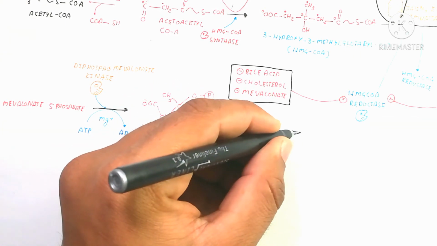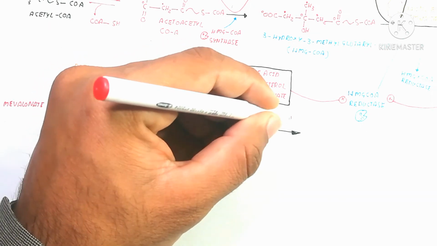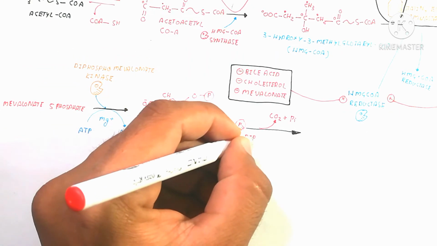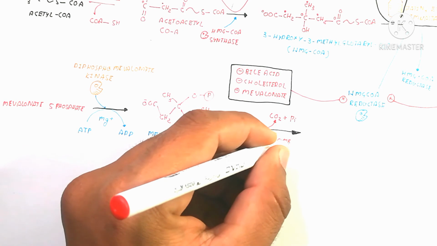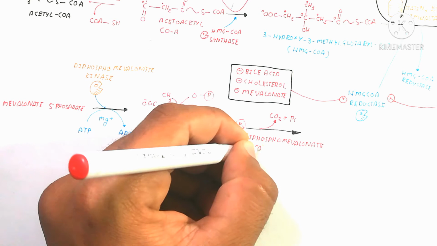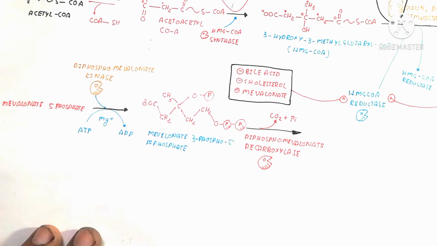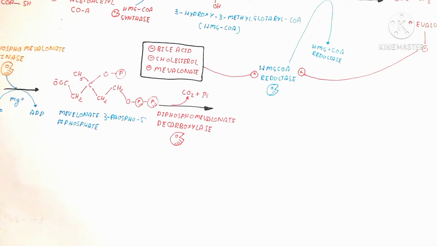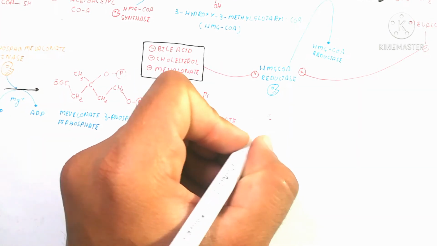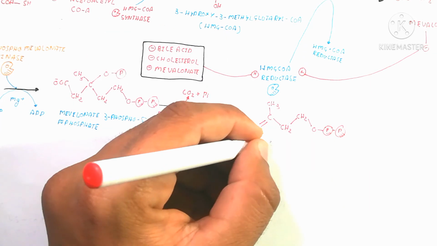On the other hand, carbon number 3 contains one phosphate group. And here carbon dioxide will be released, and one inorganic phosphate is also released by the diphosphomevalonate decarboxylase.